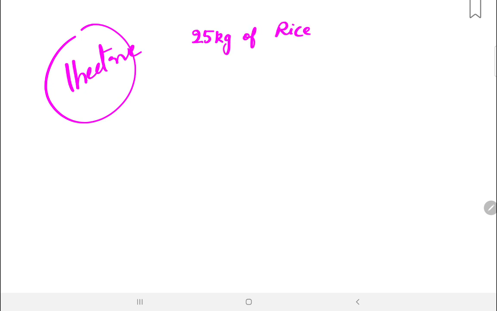I'm a South Indian, so I'm not taking wheat, I take rice. So 25 kgs of rice, and his family has 3 members. They need about 5 kgs of rice to eat. So this is their consumption, and this is the produce.